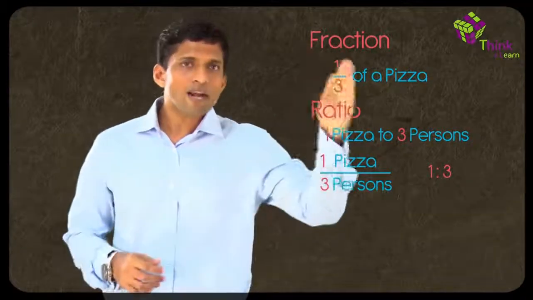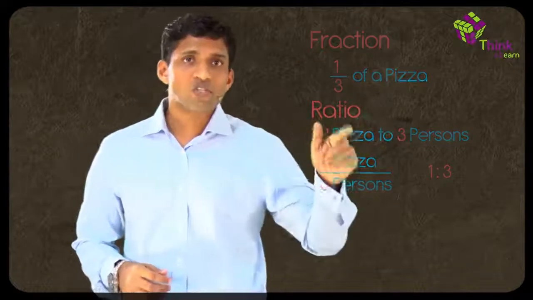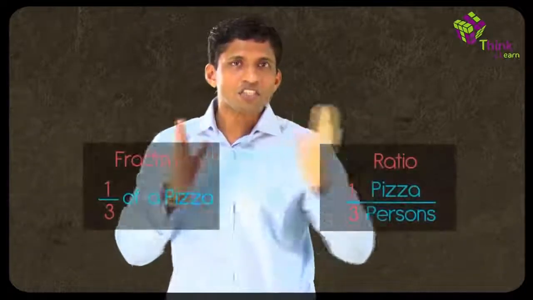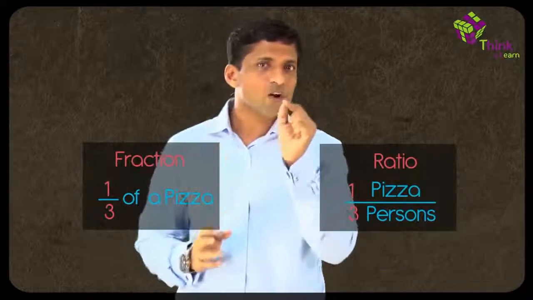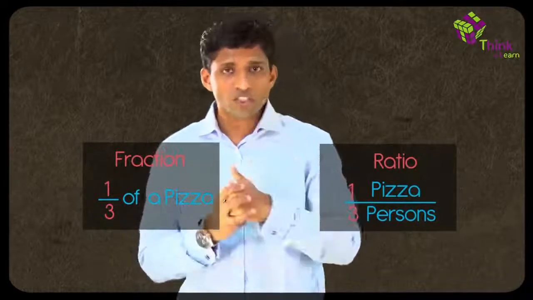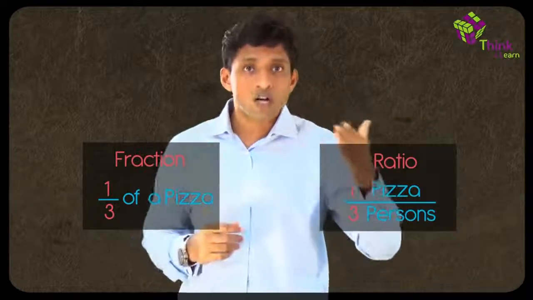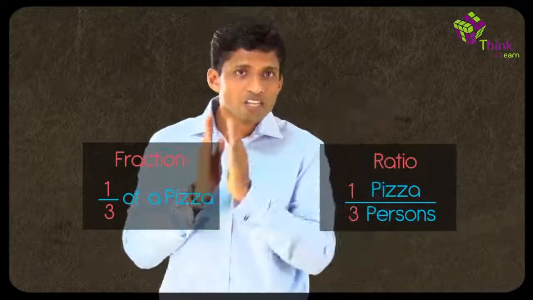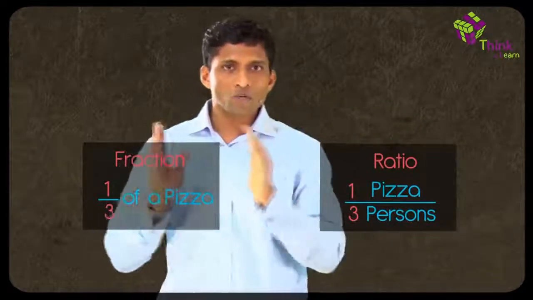Now here, numerator and denominator refer to two different things. So in terms of usage, this is the difference between ratio and fraction. Most of us actually don't know the difference, but they are different only in usage. When we represent fraction and ratio using words or a scenario, there is a subtle difference. What is that subtle difference? I can show you both here.